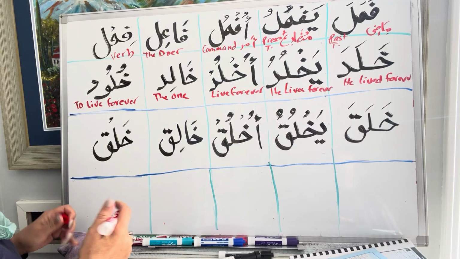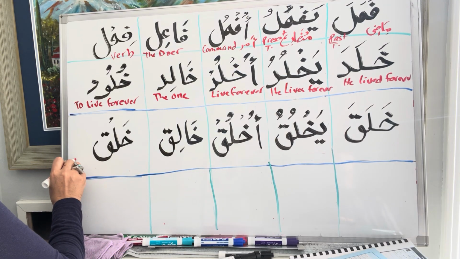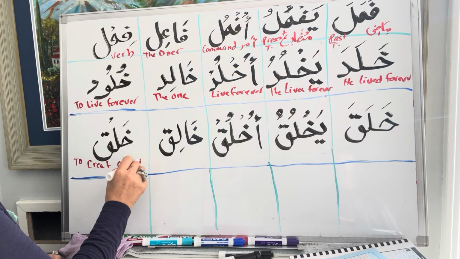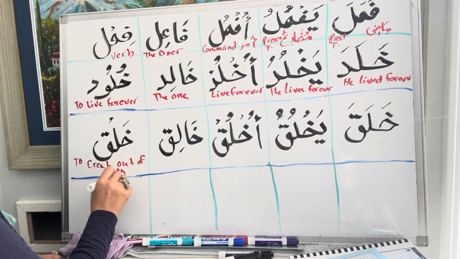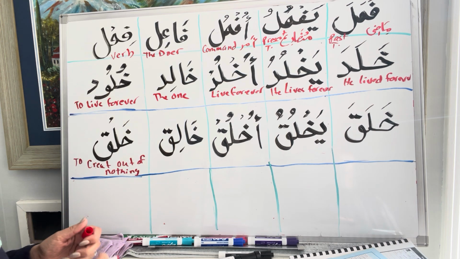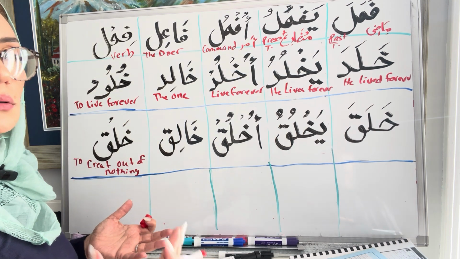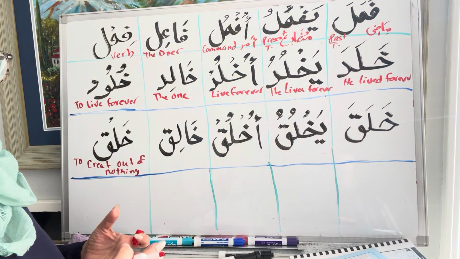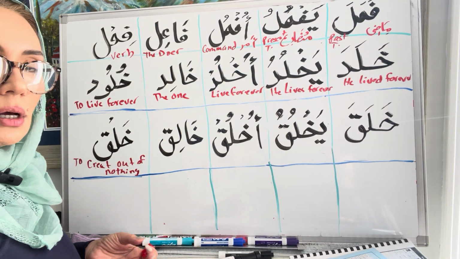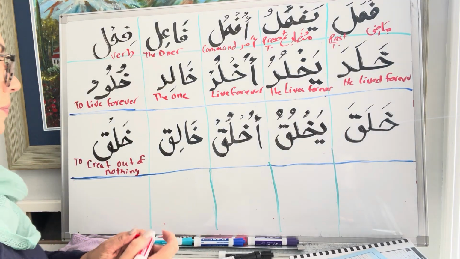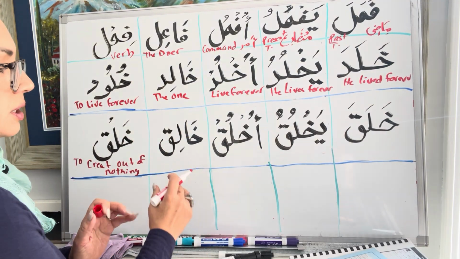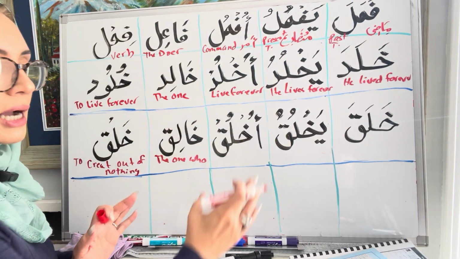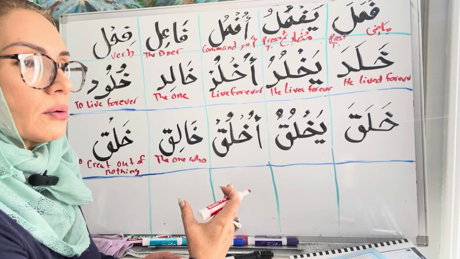To create, khalq is to create out of nothing. Like in the case, Allah subhanahu wa ta'ala, خلق الله السماوات والأرض. There it is. خلق Allah, meaning Allah created the heavens and the earth from nothing. Okay. Khaliq, it's the one who does the action of creating.